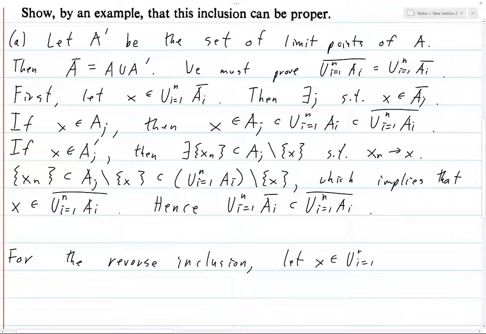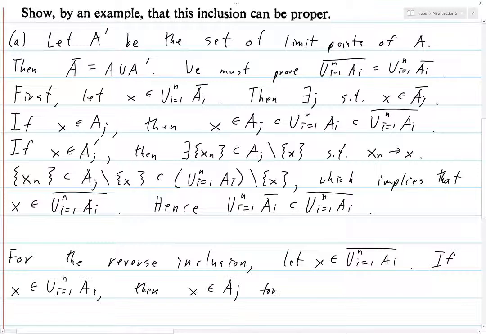If x happens to be in the union from i equals 1 to n of A_i, then x is in A_i. Well, I'll write this as A_j. I'll use i for indexing and j for a particular index. Then x is in A_j for some j, and of course j is between 1 and n.